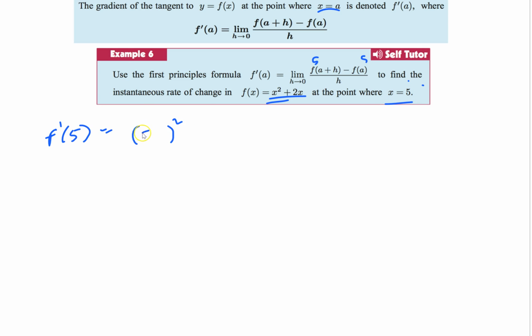So it's 5 plus h, squared, plus 2 times a plus h, but again, a in this case is 5. I know, it's kind of weird. I've never been a fan of it either. Minus, using the formula, f of 5, so I plug 5 into my formula here.